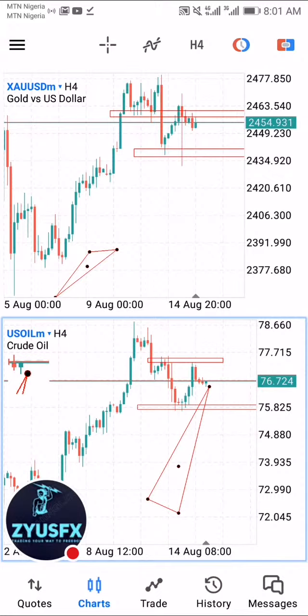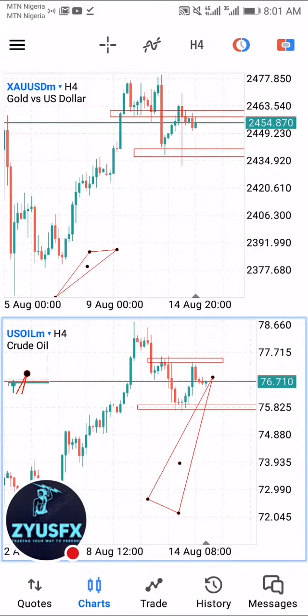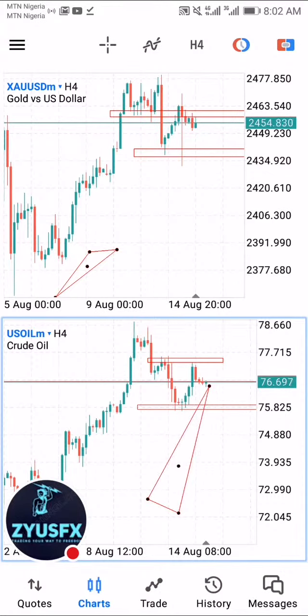Price is in the middle of nowhere. If you take a buy back up to this level, there's a high probability price might turn back and continue down. So we don't want to be taking this trade.